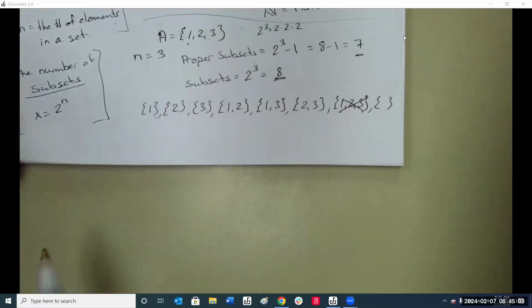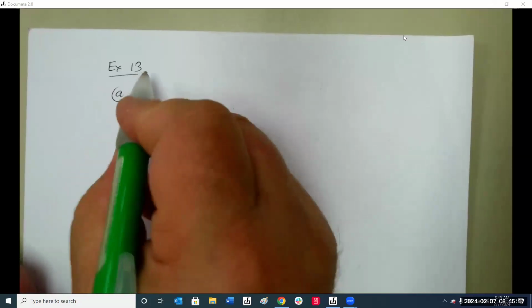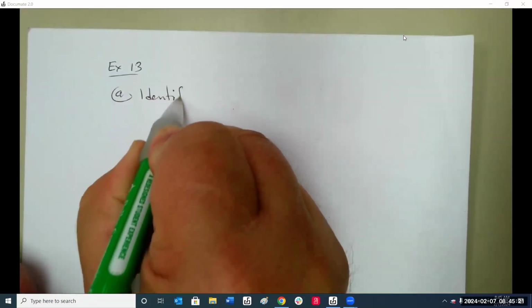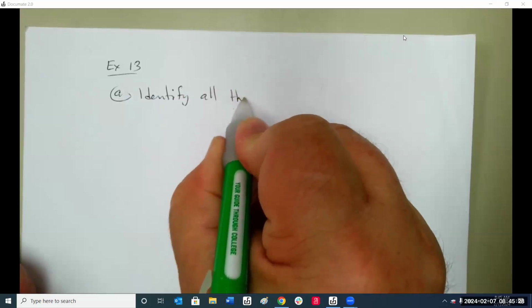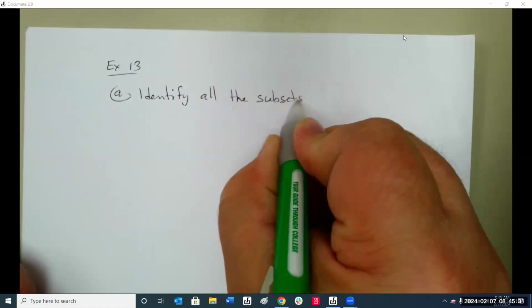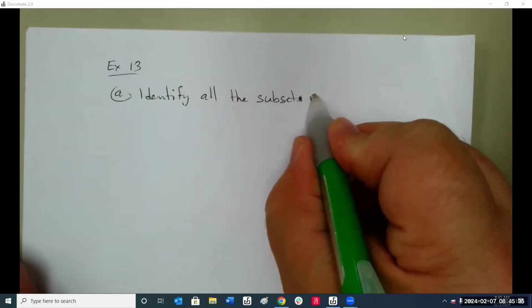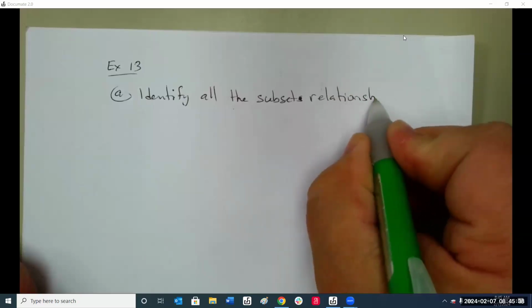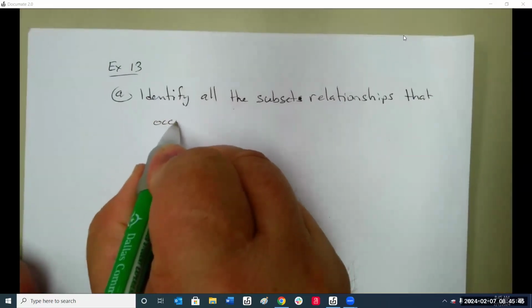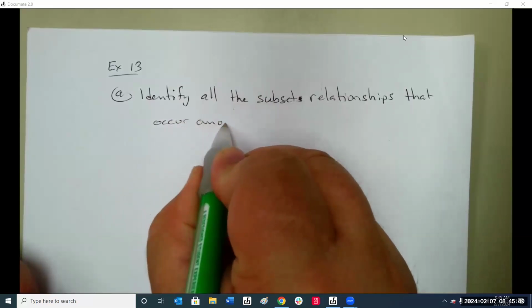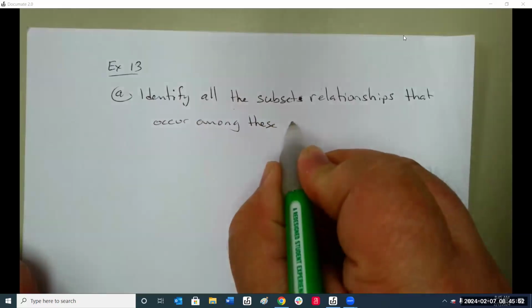All right. So let's finish that up. Example 13. The questions we have here are, A, identify all the subsets or subset relationships that occur among these sets.